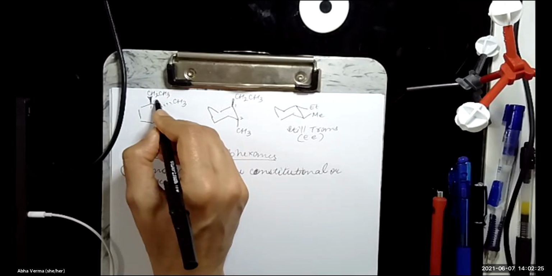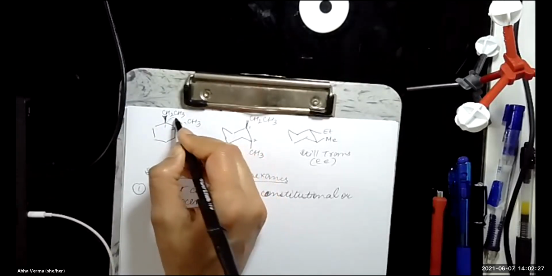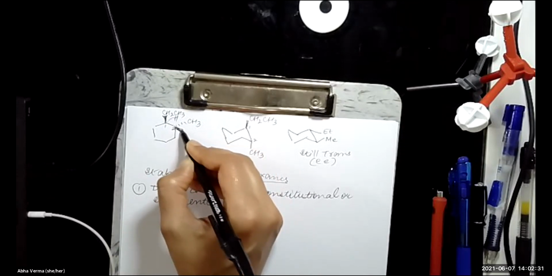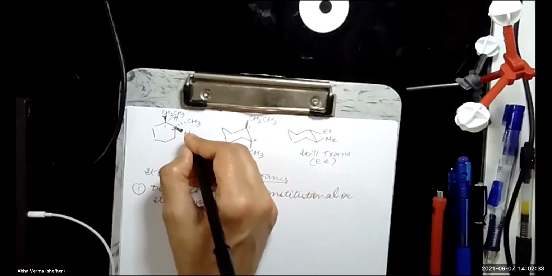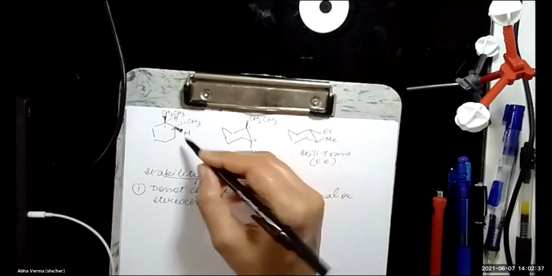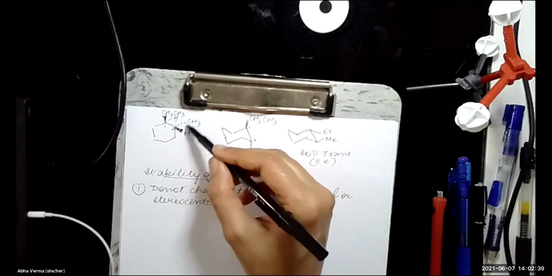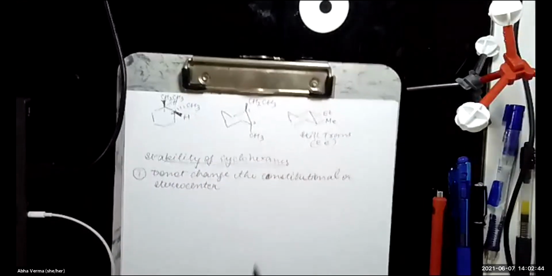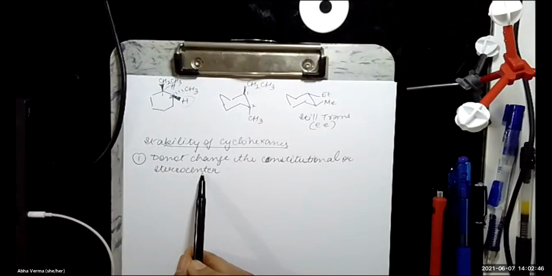What is the other group behind this ethyl? There is a hydrogen here. What is the other group coming out of this carbon? It is the hydrogen. You cannot miss them. You cannot switch the locations of hydrogen and ethyl, and hydrogen and methyl. That's what the stereocenter is.